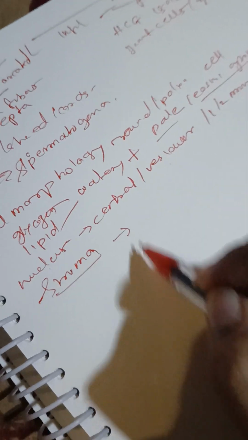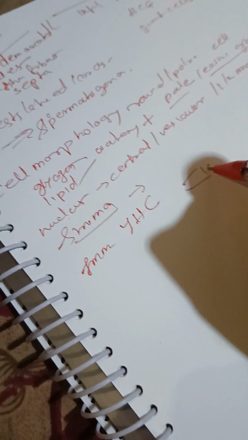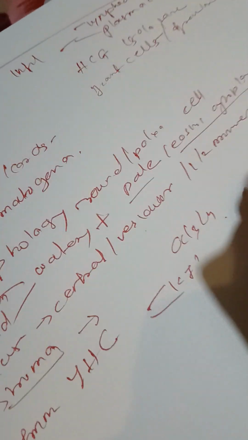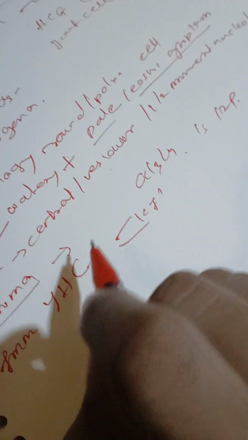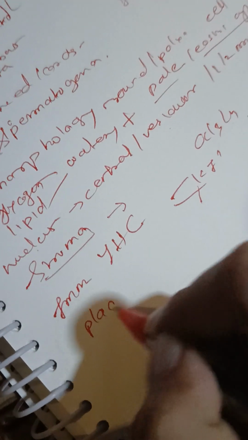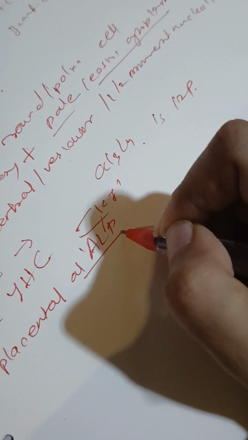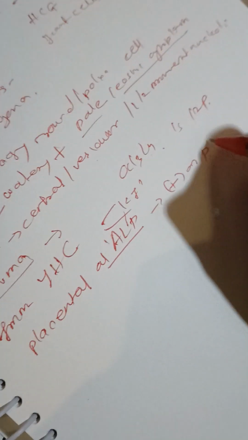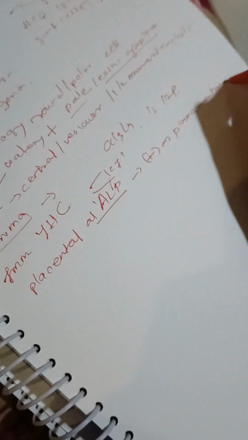Talking about immunohistochemistry, the markers are KIT, OCT3/4 as we discussed earlier, the isochromosome 12p, and one more, placental alkaline phosphatase. This placental ALP is positive on the plasma membrane, a distinct plasma membrane. We will see it now diagrammatically.